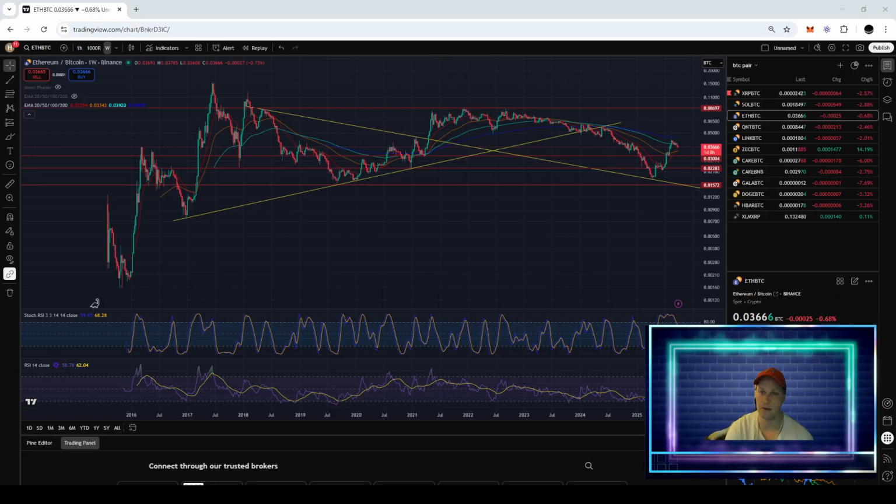So we're going to take a look at several different charts, and I'm going to explain a certain way of analyzing tokens that not too many people are actually doing, and you can miss out on quite a lot of data and analysis if you don't do this.